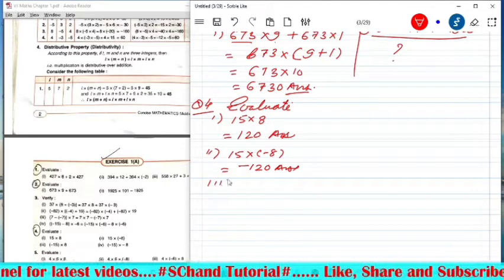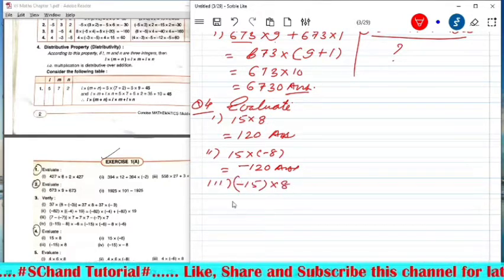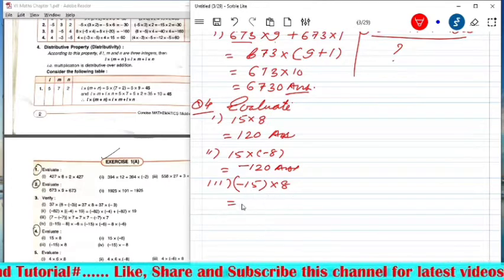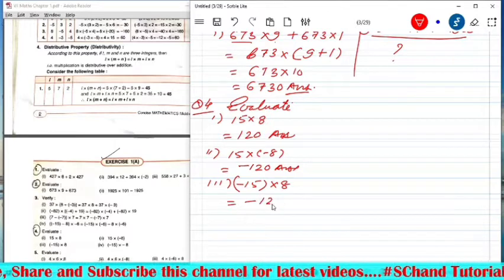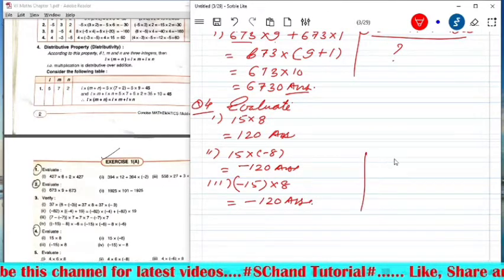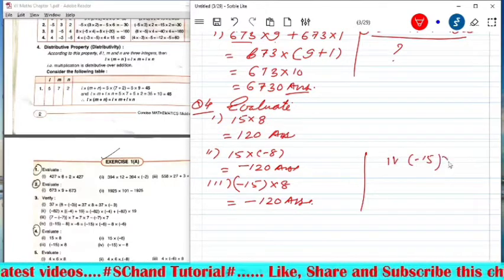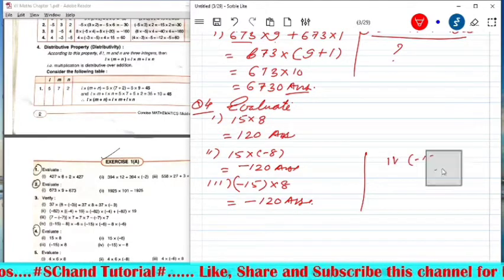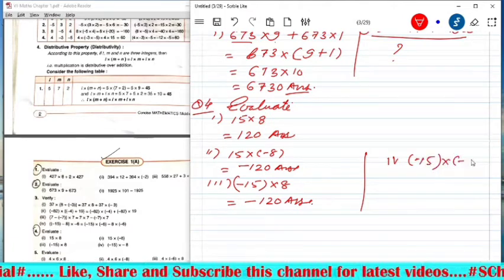Then we have third, minus 15 into 8, again negative into positive, answer will be negative, so it will be minus 120 answer. So this will be your homework number 4, minus 15 into minus 8. How to solve that you can say in the comment section also.